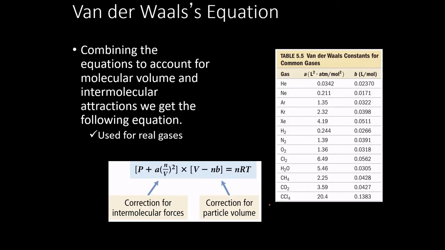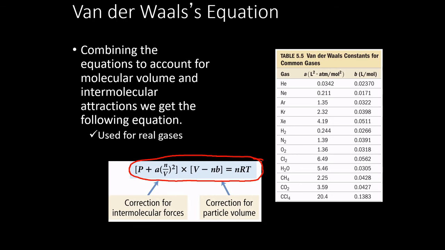If we combine those together, we get this kind of nasty looking thing that really isn't all that nasty. It's just a lot of busy work, because the only new things we've added are the A and the B, which we can get from a table like this. It's just a bunch of algebra from that point, which you should be able to do, but I'm not interested in making you do that.